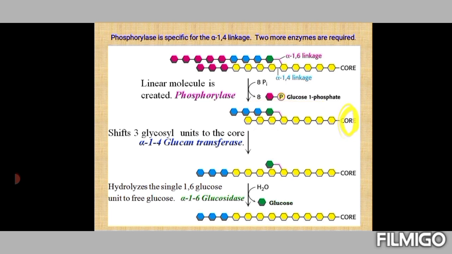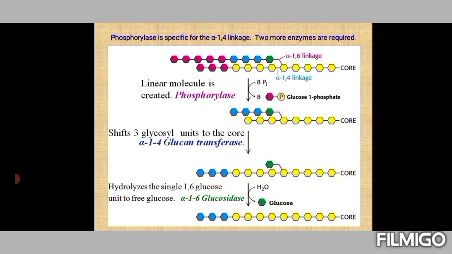It is attached to the rest of the molecule. And from there on, another enzyme takes charge. It is alpha-1,4-glucan transferase. As the name indicates, it is a transfer enzyme. It helps transfer a bunch of glucose molecules. Here it is a trisaccharide, or 3 glycosyl molecules, that are shifted as such to this position, so as to make the chain look like this.